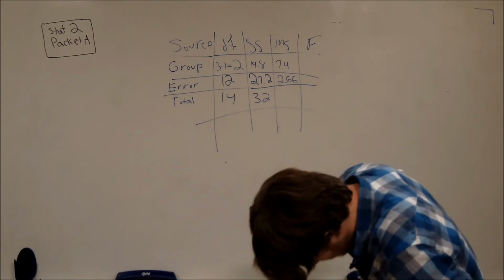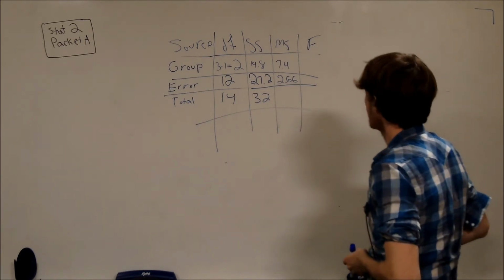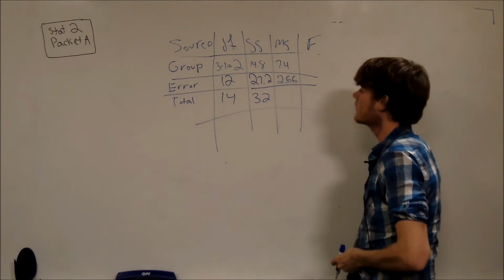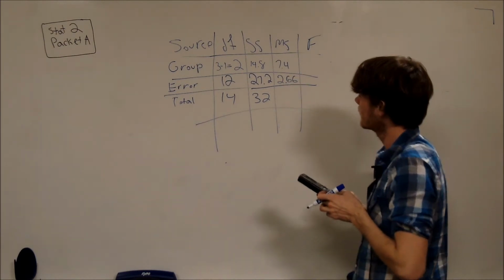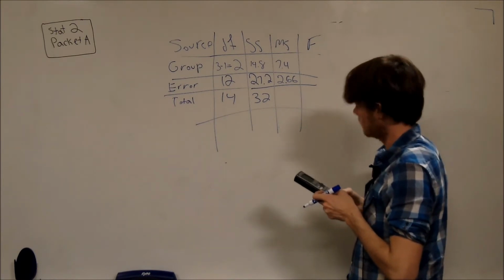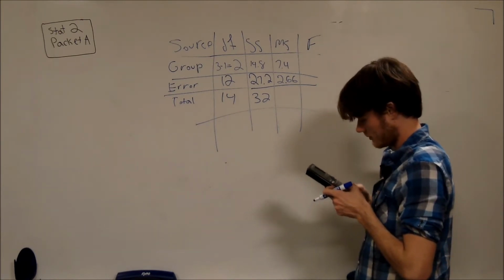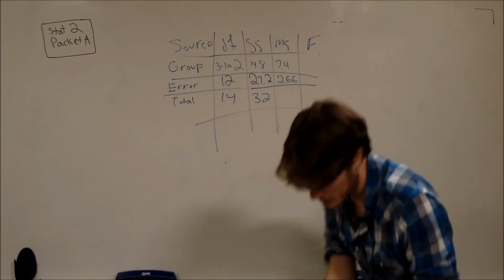So we have all the necessary components defining the F statistic. All we have to do now is divide one by the other, so 7.4 divided by 2.26.